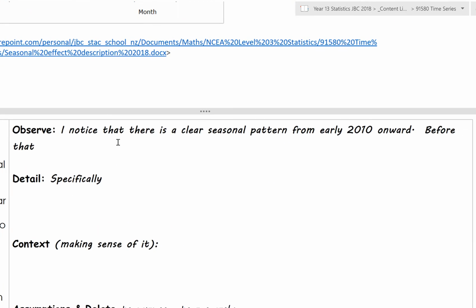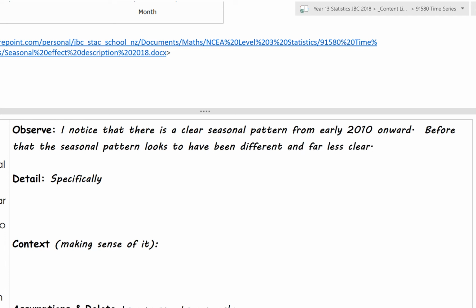So I notice there is a clear seasonal effect from early 2010 onwards. Before that, the seasonal pattern looks to have been different and far less clear.